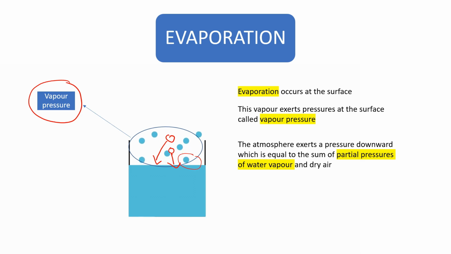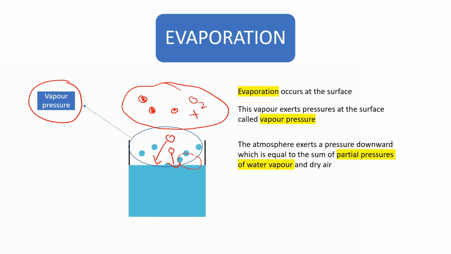On the top of this beaker there will be an atmosphere. There will be water vapor and also vapors of other gases, that is oxygen plus nitrogen. The water will be of very small amount. Partial pressure is defined as the pressure of a gas or vapor in a mixture with other gases.